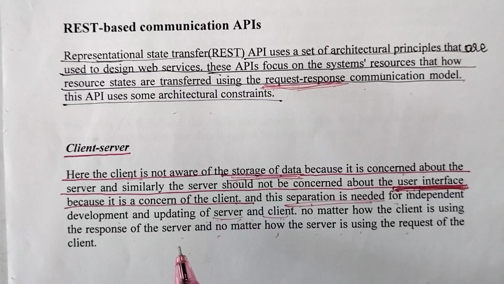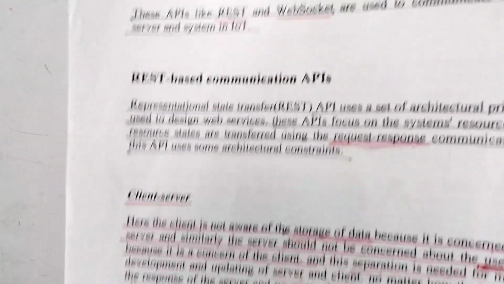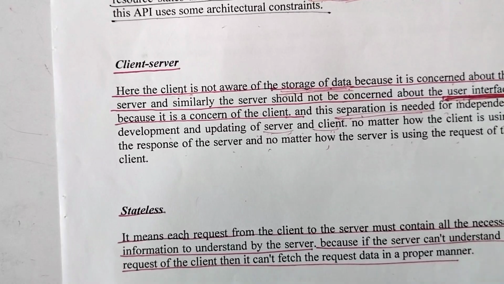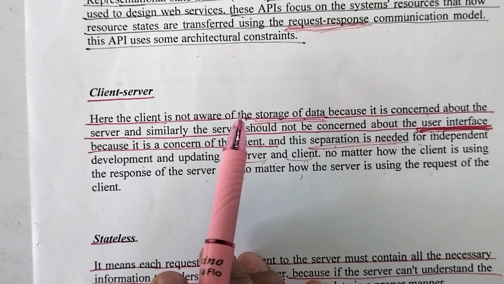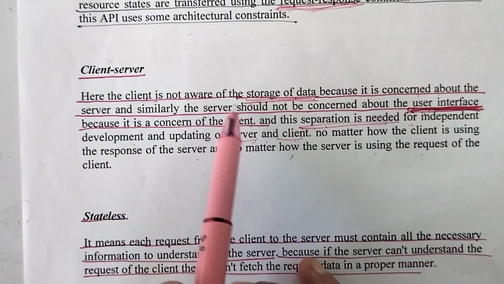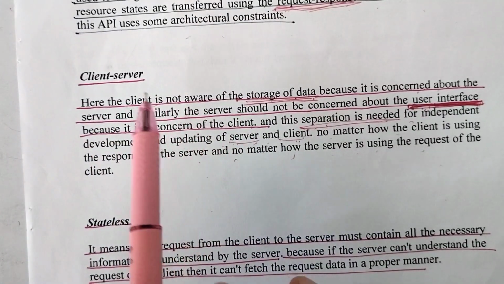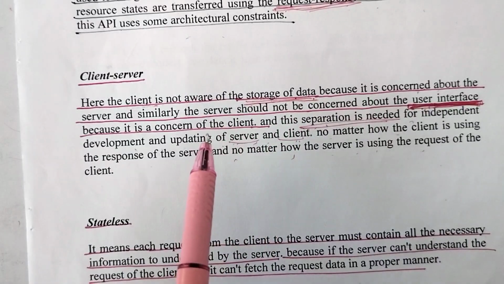So both are independent of each other. Now, this first constraint, as I said, is the architectural constraint, the client-server model which is used here. Client is not concerned about the storage, and the server is not concerned about the user interface.